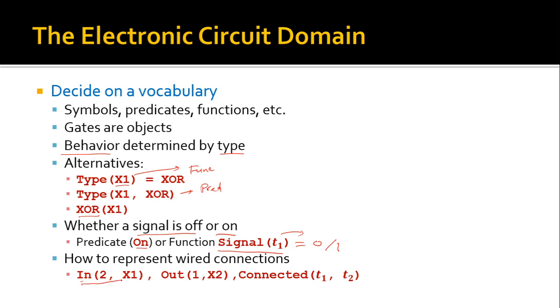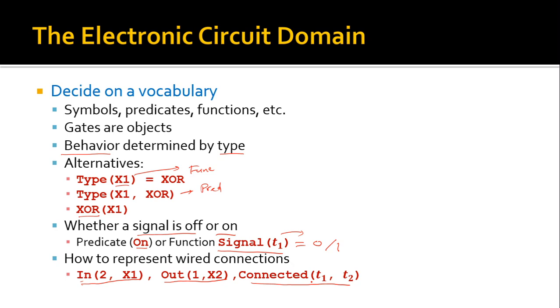So this in 2 x1 is a kind of function that refers to the second input terminal of x1, right? Likewise, this out1 x2 refers to the first output terminal of the gate x2, right? And we can say that two terminals T1 and T2 are connected. So there are different possibilities. We can take any kind of design, and then we have to be consistent on using those decisions that we have made.